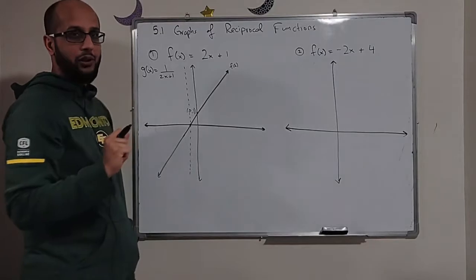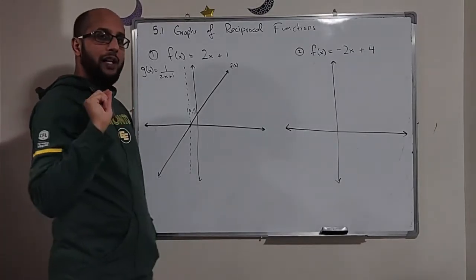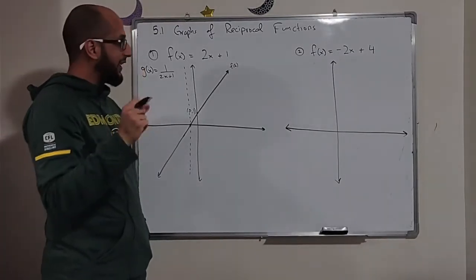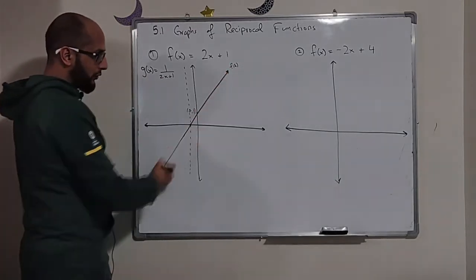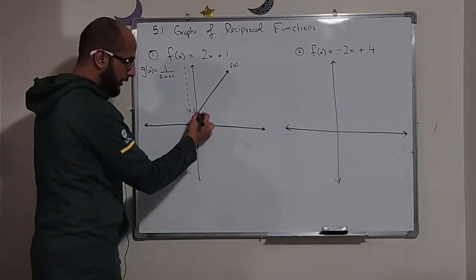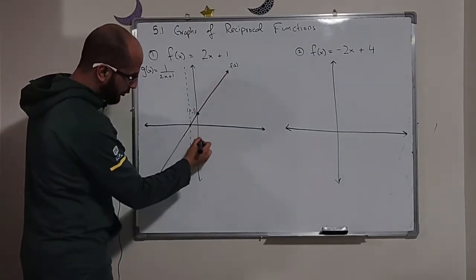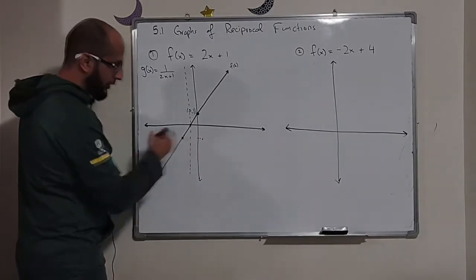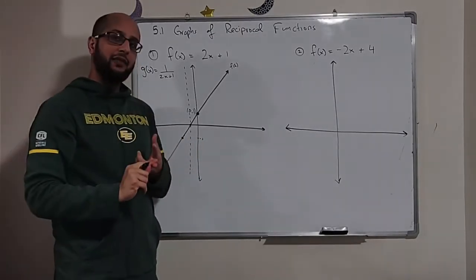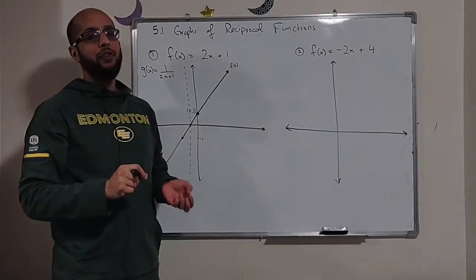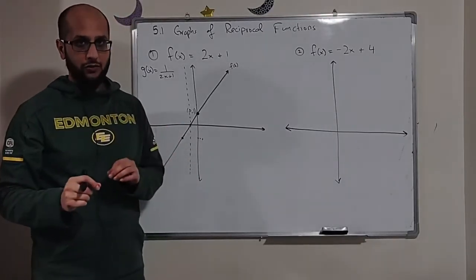The second thing we want to look at is wherever y is equal to positive 1 and negative 1 on the original function. On my original function, y is equal to 1 here, and y is equal to negative 1 approximately there. These 2 points where y is equal to 1 and negative 1 will also be on the reciprocal function.